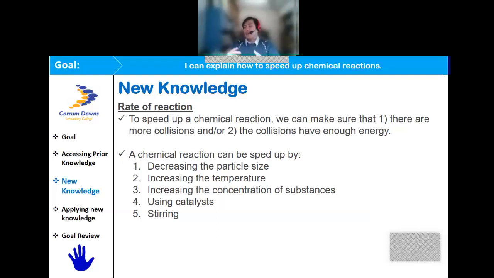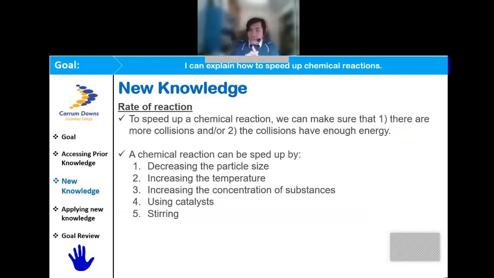Two, that the collisions have enough energy. As long as you do one of the two, you speed up the chemical reaction. If you do both, you speed it up even more.